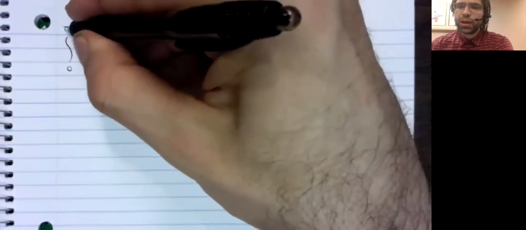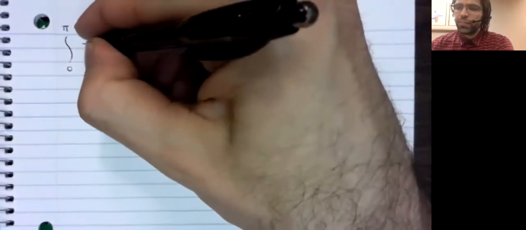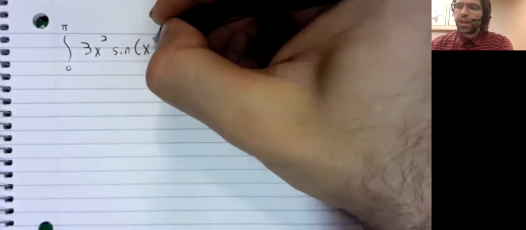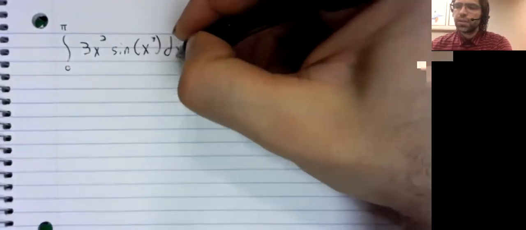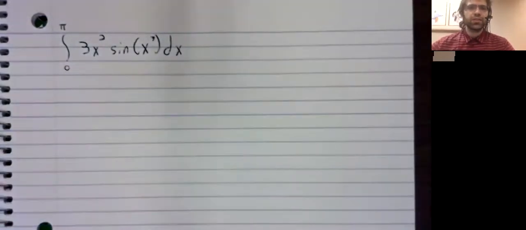Suppose we are trying to integrate from 0 to pi 3x squared times the sine of x cubed dx.